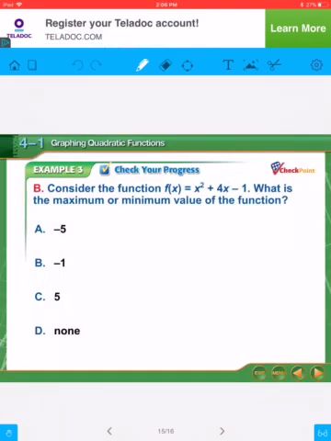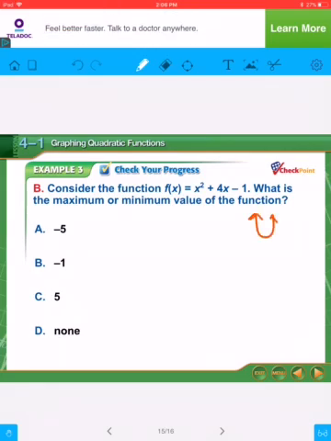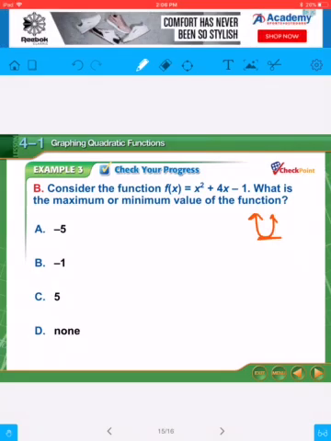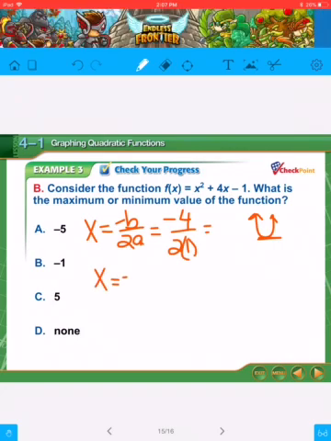Okay, now we're going to find that value. So it's opening upward. We know it's going to be a min. So we need to find the vertex. So x equals negative b over 2a. So b is 4. So negative 4 over 2 times a is 1. So x equals negative 4 over 2, so negative 2. So then to find the y of my vertex, I'm plugging in negative 2.